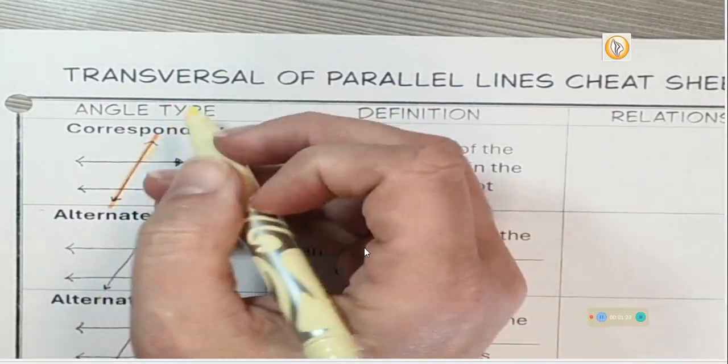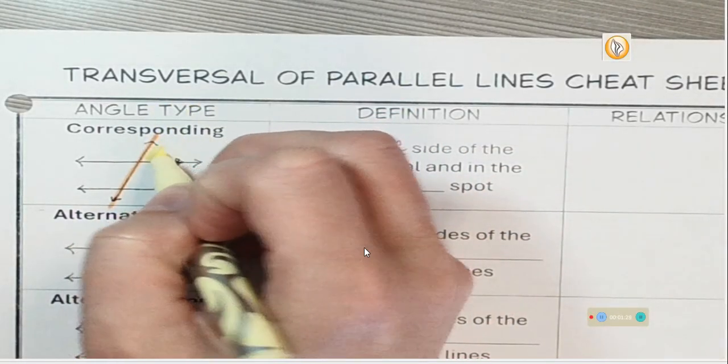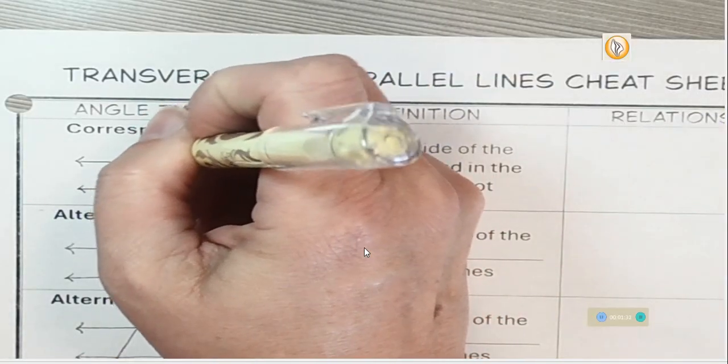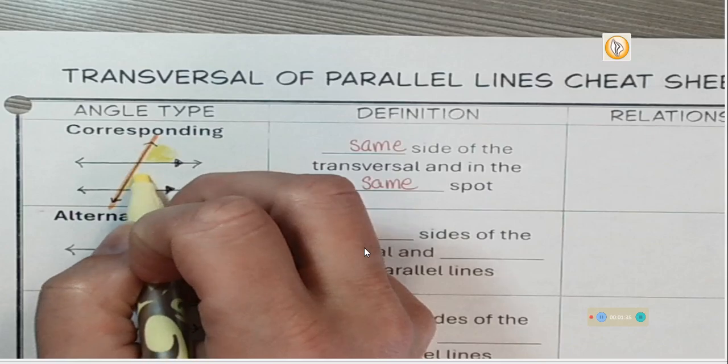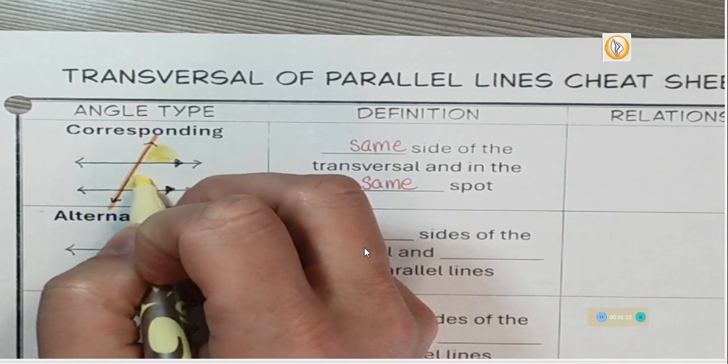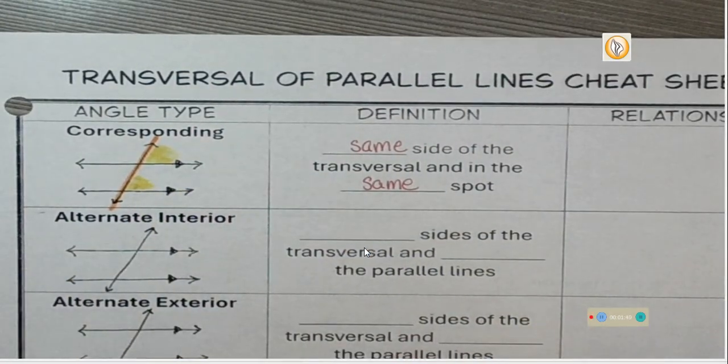The top right angle that I'm trying to color yellow corresponds with the top right here. Those are corresponding angles because they're on the same side of the transversal and in the same spot.